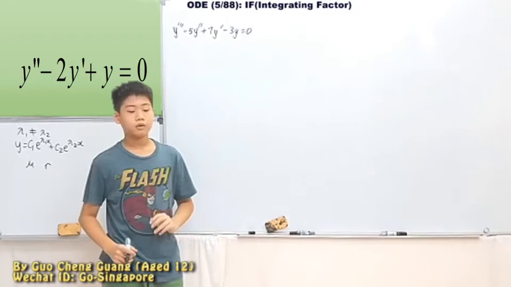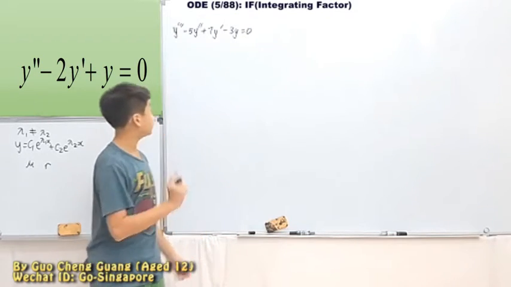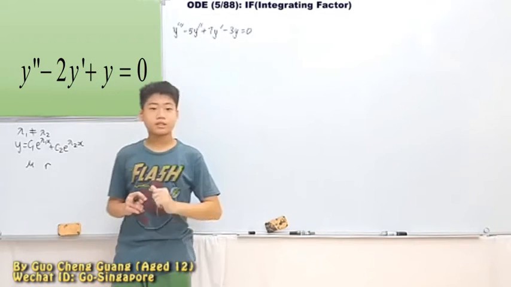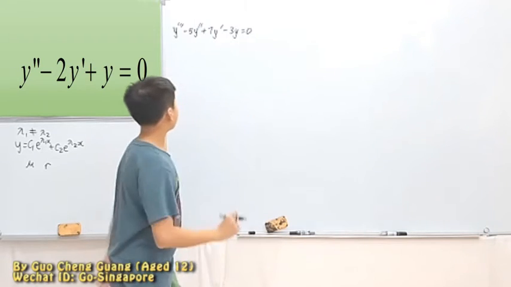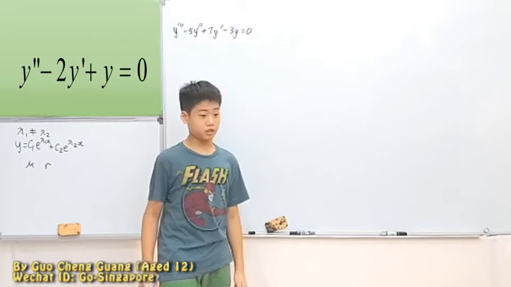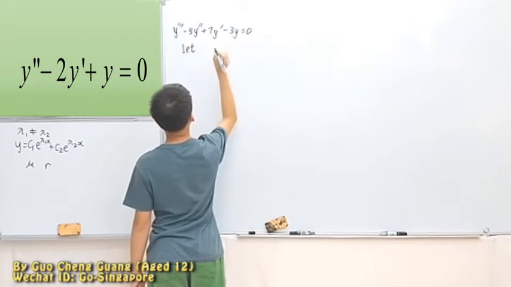So firstly, we let something. But is this a homogeneous differential equation? Check. Yes, it is a homogeneous differential equation. That means we can use our characteristic equation method. So let's let something.